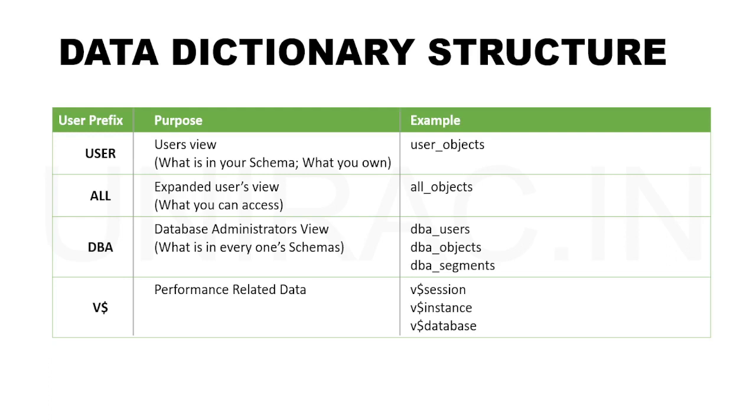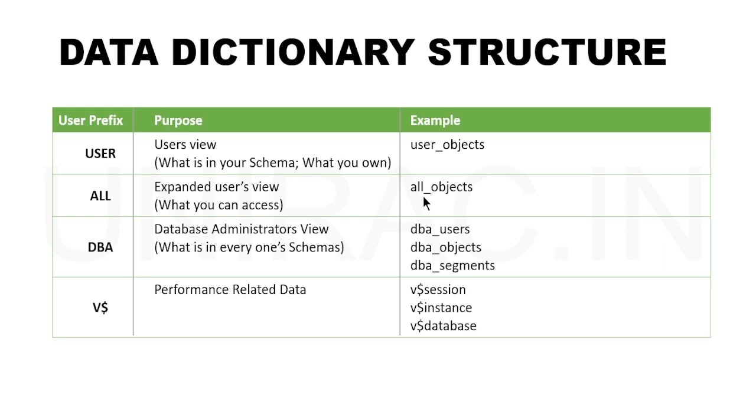When a user owns objects, that is also known as a schema. That schema's objects we can find from user_objects. So it's a user view. Only the schema objects owned by the user can be found from user_objects.